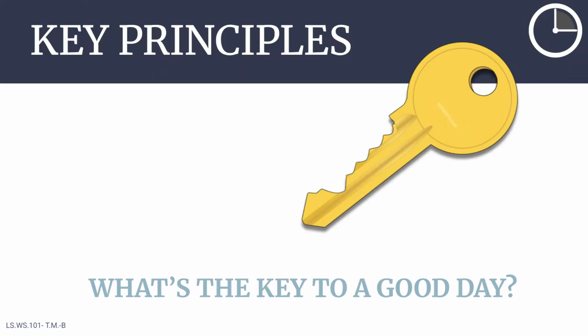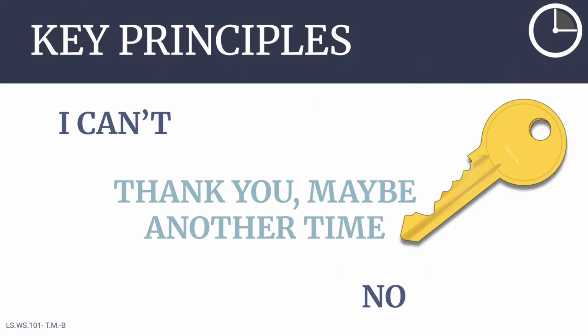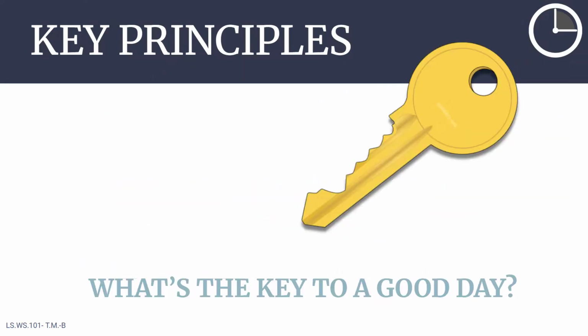So, what is the key to a good day? For me to have a good day today, it started with last night. After I finished everything on my planner, I look and see that I need to do X, Y, and Z today. Let's say it's Tuesday and tomorrow morning is Wednesday and I'm going to drop the dog off at the groomers first and then go to the gym.